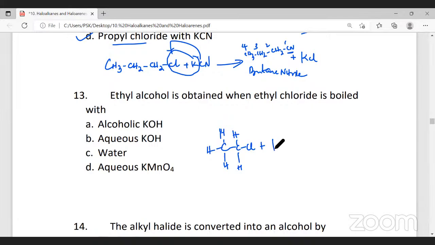When this is allowed to react with aqueous potassium hydroxide, see, alcoholic potassium hydroxide will undergo dehydrohalogenation. Aqueous potassium hydroxide will undergo nucleophilic substitution reaction. So you should know the difference.